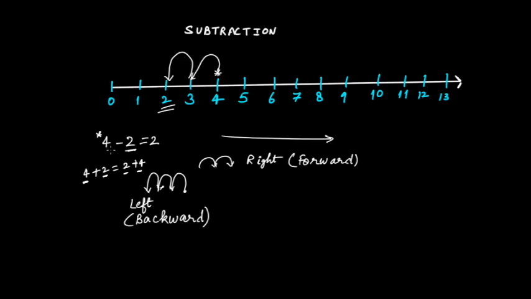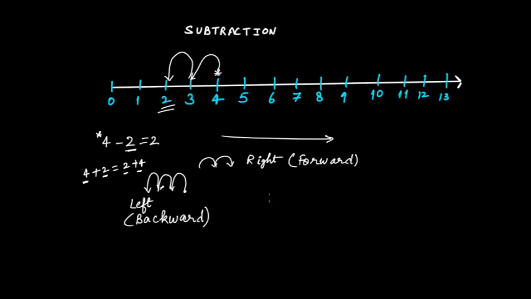But that would not be the case in subtraction. You cannot start from 2 and take 4 jumps backward, because in that case you will get a negative number that you cannot plot on the number line here, and the answer would be different. So 4 minus 2 is 2, and you landed at 2.